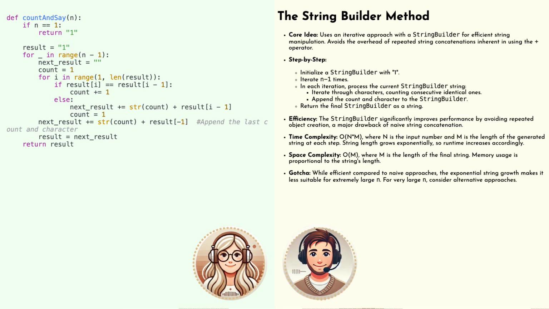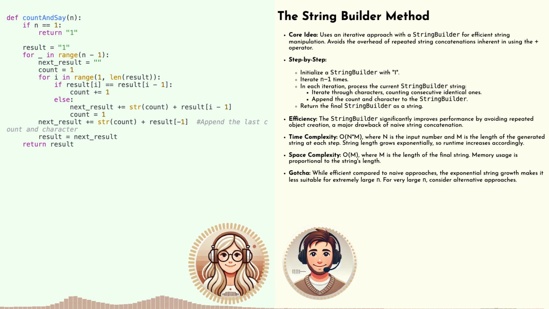Okay, I like that. So let's say we are going to use a string builder. How do we actually go about making the count and say sequence? Well, we could start off with a loop. Okay. And this loop would run for n-1 times, where n is the term we're trying to find. And in each loop, we look at the current term, which in the beginning is just 1. Got it. So we're looping through each term, but how do we take that term and make the next one?